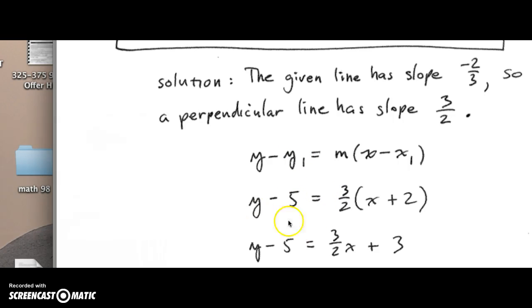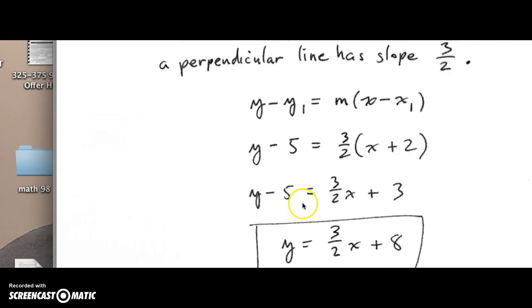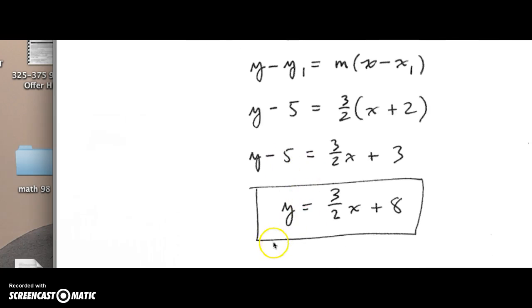But I'm supposed to give my answer in slope-intercept form, so I want this to wind up y equals mx plus b. I'll just multiply out, using the distributive property, and add 5 to both sides to isolate y, and here's my solution. y equals 3/2 x plus 8 would be that line through the desired point with the desired slope.